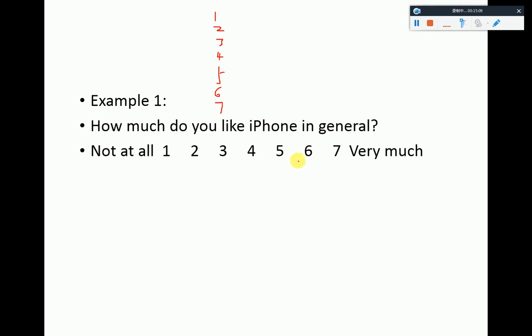Because we do have seven possible values: 1, 2, 3, 4, 5, 6, 7.